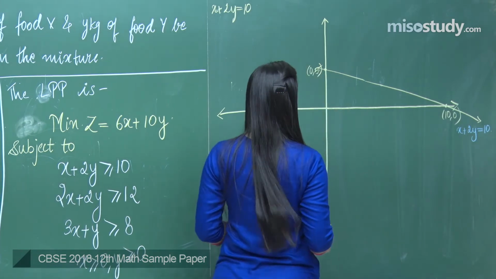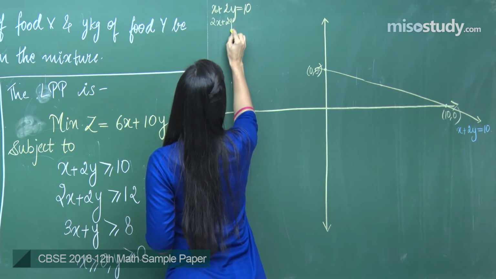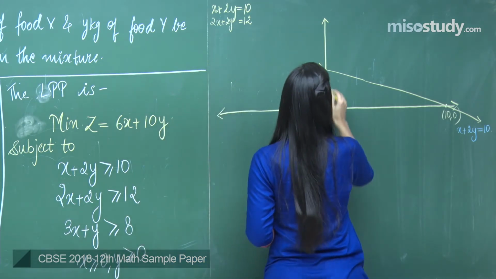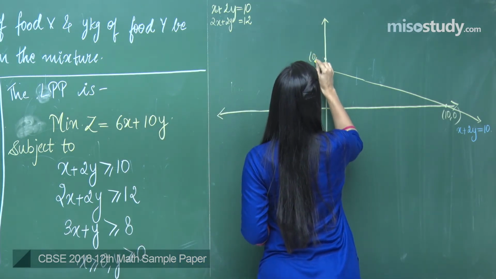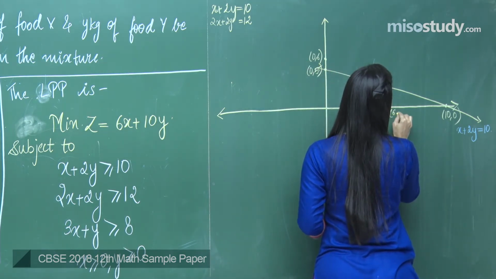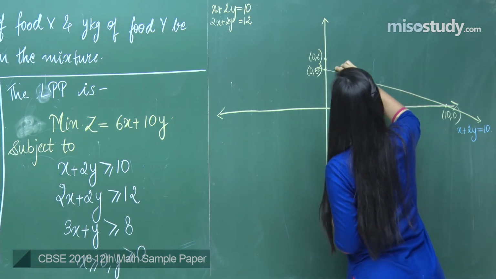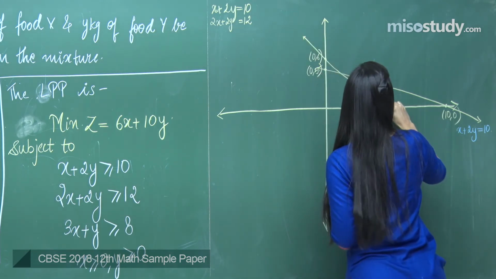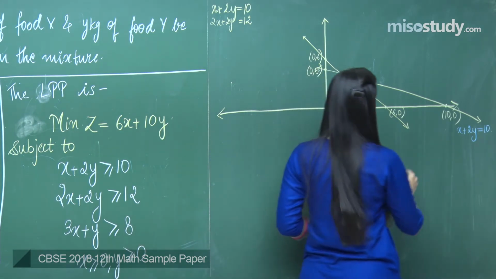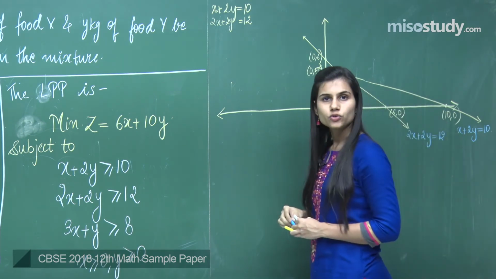Okay. Let's focus on the next line, 2X plus 2Y equals 12. Put X equals 0, you get Y equals 6. Put Y equals 0, you get X equals 6. And so, the line that you obtain is this. And this is the line 2X plus 2Y equals 12.